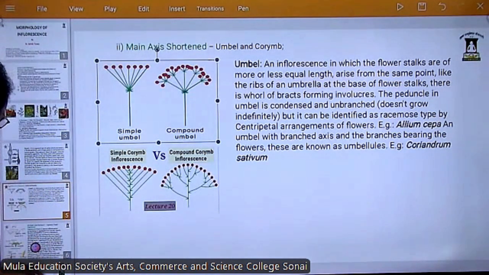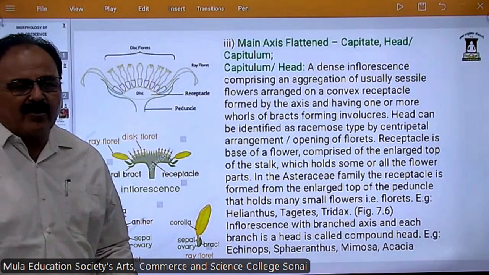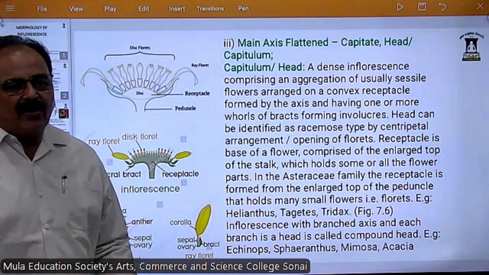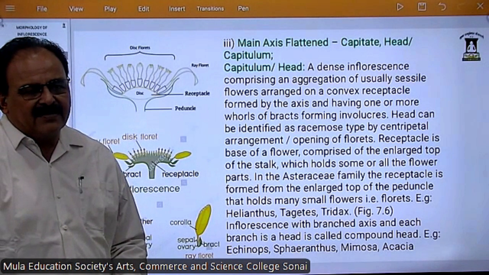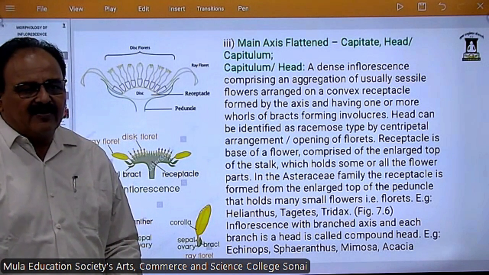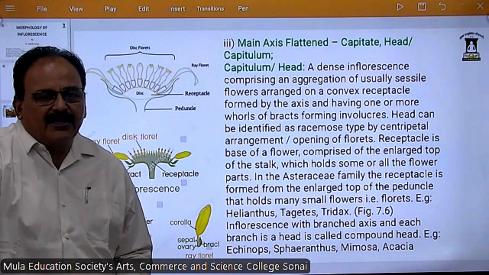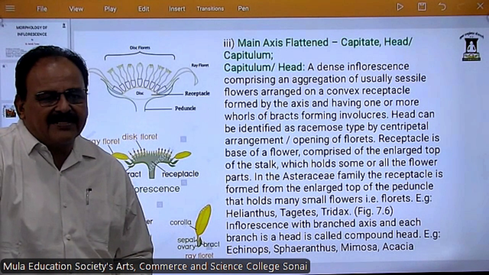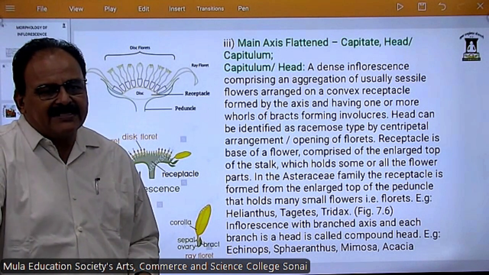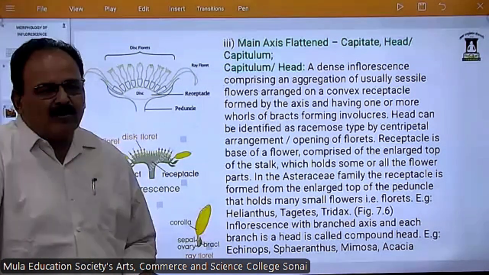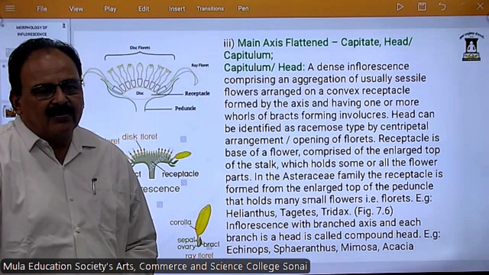The next, the main axis is flattened. The example is capitate or head or capitulum inflorescence. The example is sunflower, a dense inflorescence comprising an aggregation of usually sessile flowers arranged on a convex receptacle formed by the axis and having one or more whorls of bracts forming an involucre.